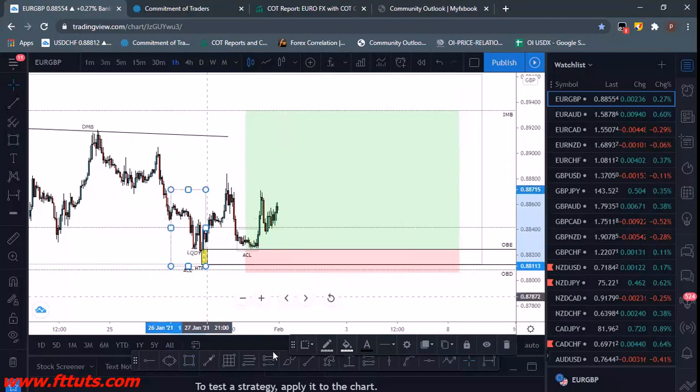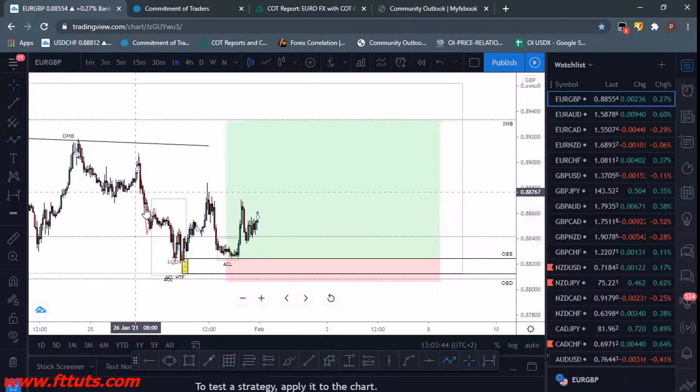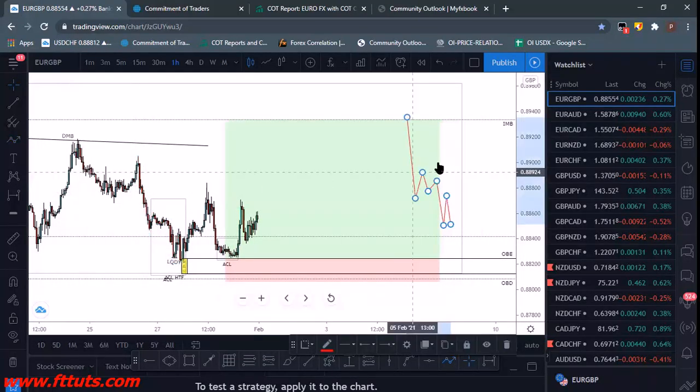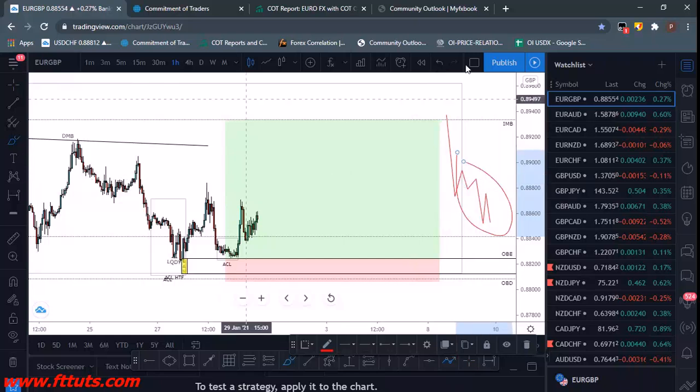If you draw this and this, and then up, and look at how the market moved, this whole thing happening here is an accumulation. Simple like that.